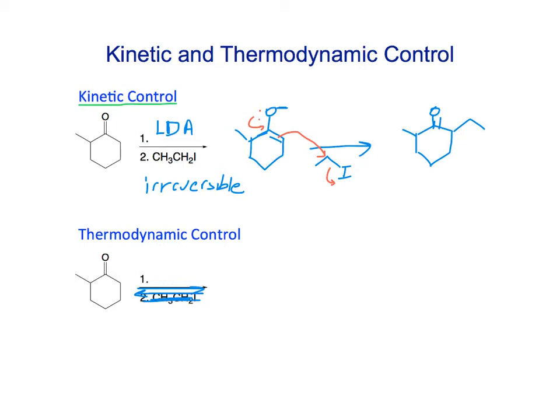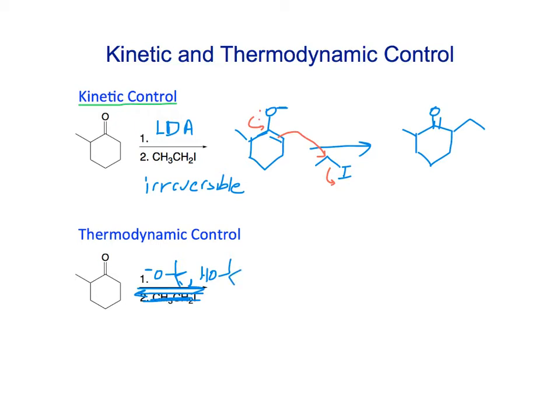We want to have an equilibration going on here. Oftentimes some type of bulky base is common, I don't know if it's always required, and it would be something like maybe tert-butoxide in tert-butanol.